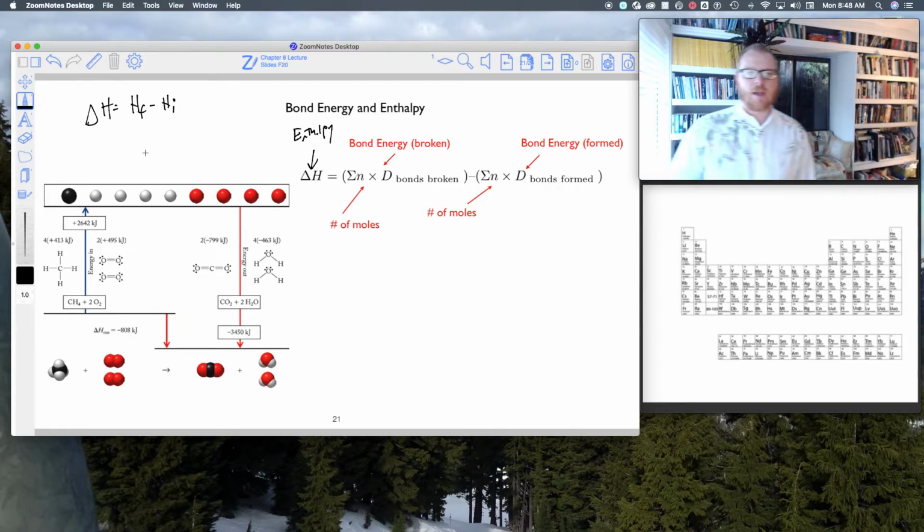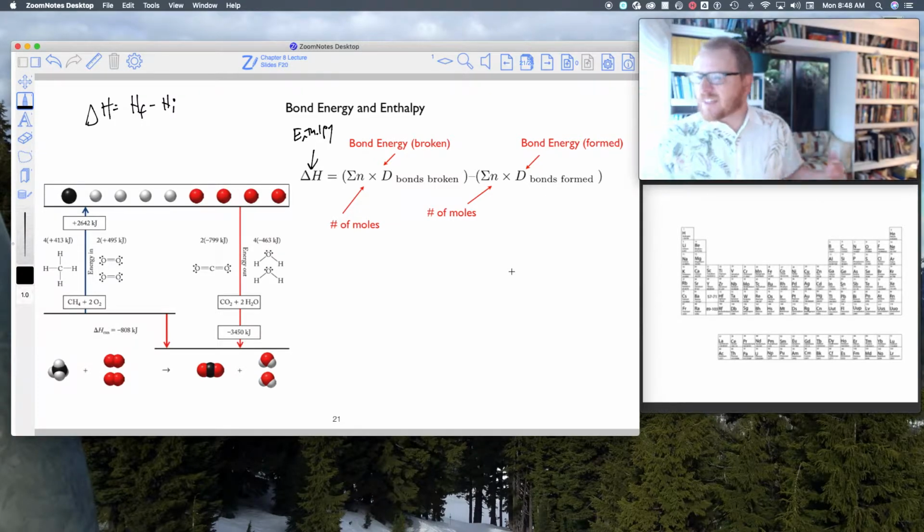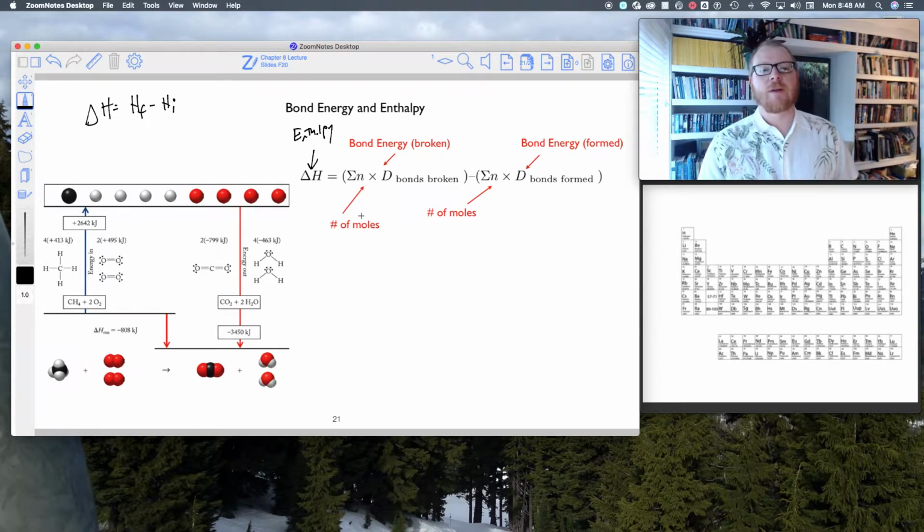But because we have to supply energy to break bonds and we get energy out when we form bonds, this formula ends up becoming bonds broken minus bonds formed. It's pretty easy to remember.